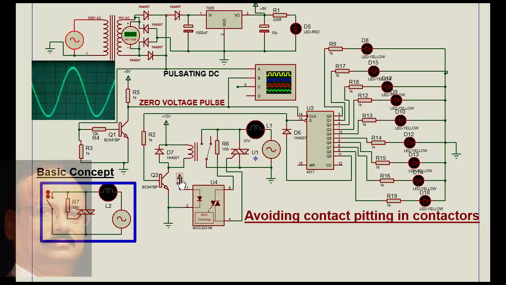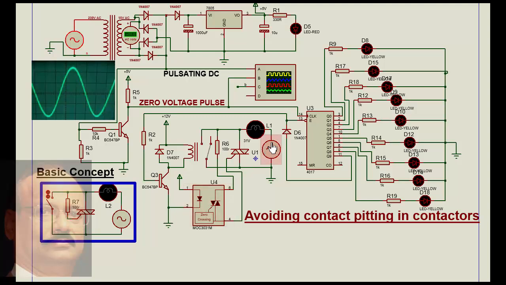This is directly connected to 5 volts. It should not be, but in the simulation it requires to be connected to 5 volts, otherwise it should go through a resistor. The optocoupler is the zero voltage optocoupler, MOC 3061, MOC 3063, these are all zero voltage optocouplers.